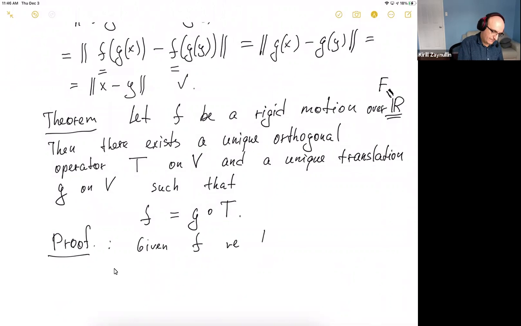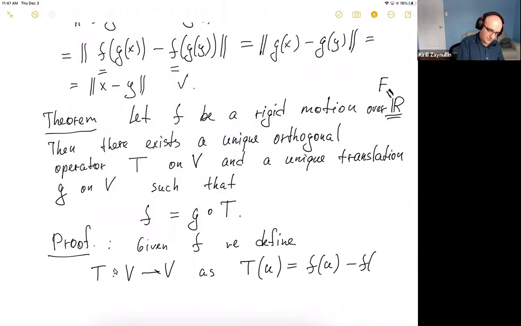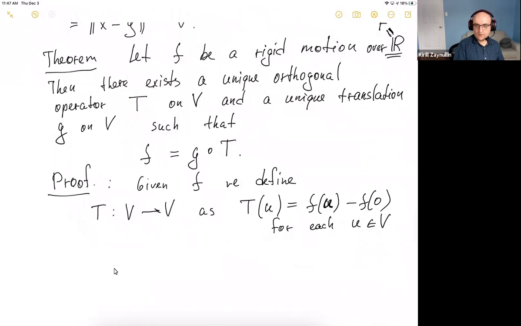We define a function T from V to V, and I'll set T of u to be F of u minus F of 0 for each u from V. So what we claim is that such T is a linear operator first, and moreover, it is an isometry operator.